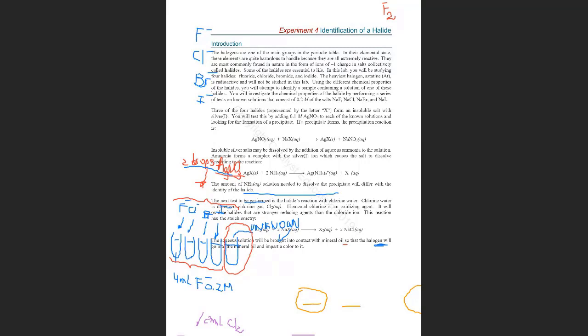Very good. So now, which are the halogens that are going to be oxidized? We said that we have 5 tubes, right? We have fluoride, chloride, bromide, iodine, and our unknown.